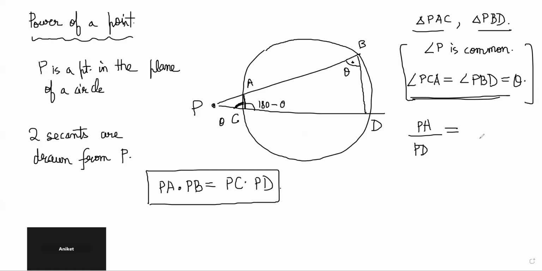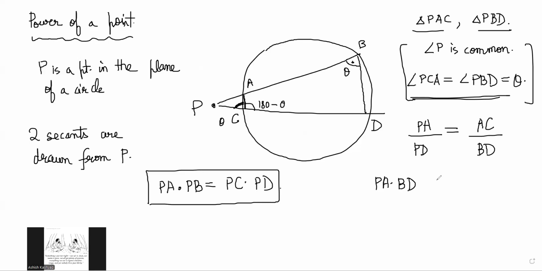Should be equal to opposite to angle P in the small triangle is AC, and opposite to angle P in the big triangle is BD, right? Okay, so right now what I have gotten is PA times BD, which is slightly weird. Okay, fine. Is equal to PD times AC.